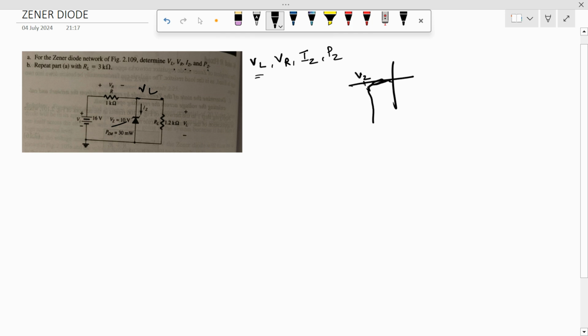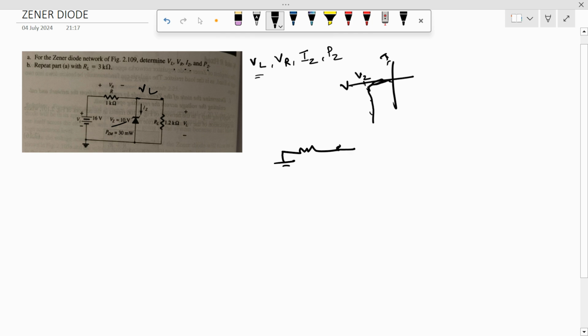This is the voltage axis, this is the current axis, right? So it should be in this region in order to get our required operation. In order to check whether it's in the right region of operation, we can redraw the circuit just like this.